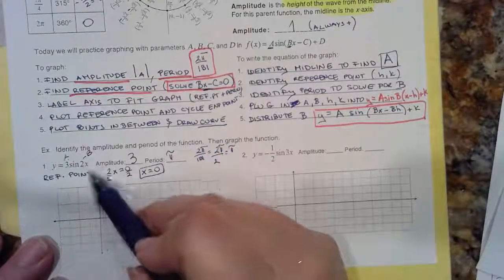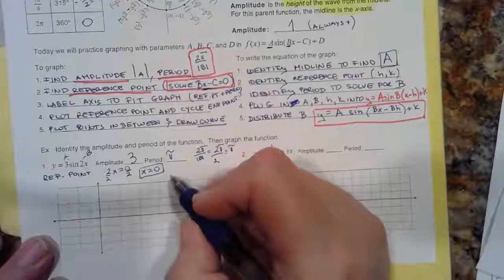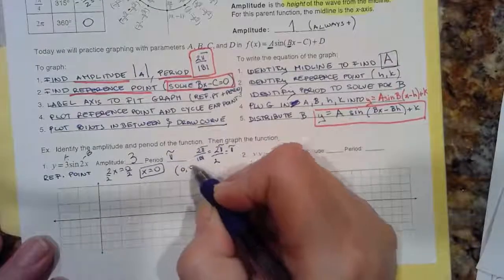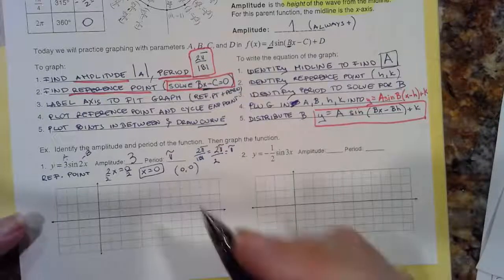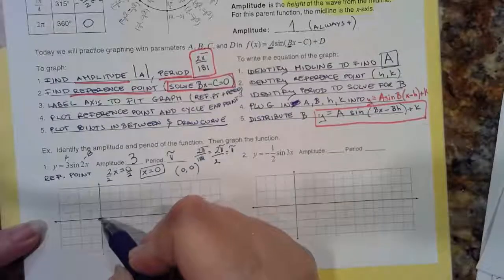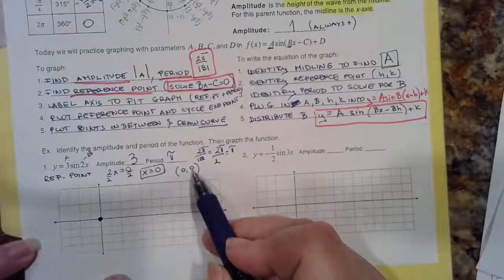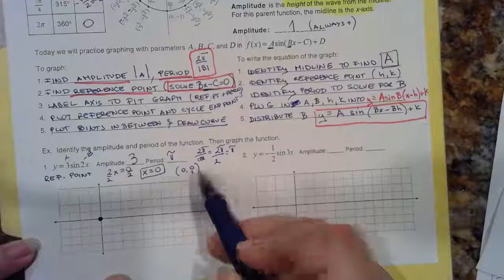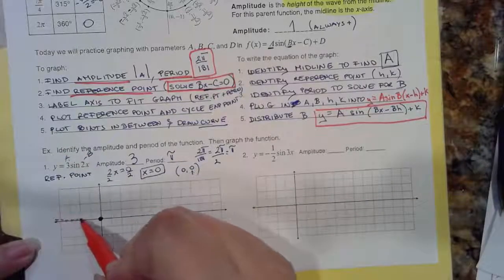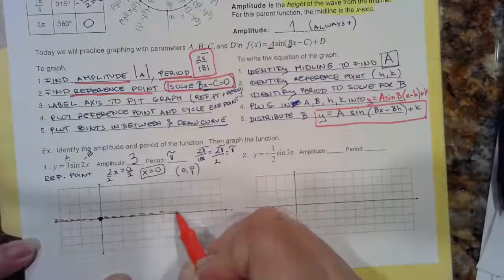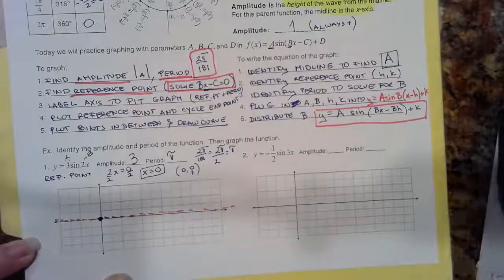I don't have any number besides 2x, so my reference point is just 0, 0. So how do you graph? You start at your reference point. This is my 0, 0. My midline is y, which is 0. So in this case, this is going to be my midline. I know the right on x-axis.